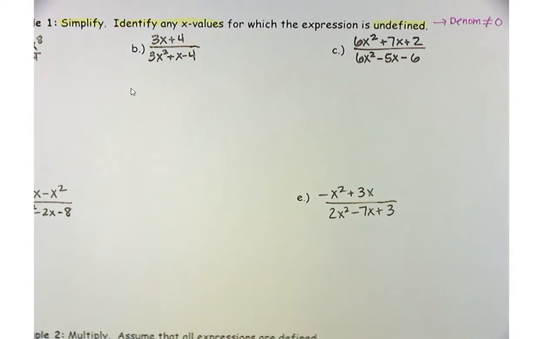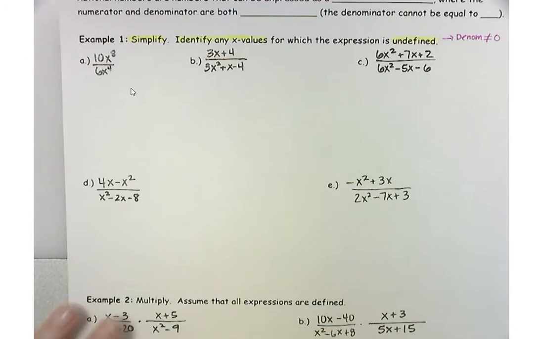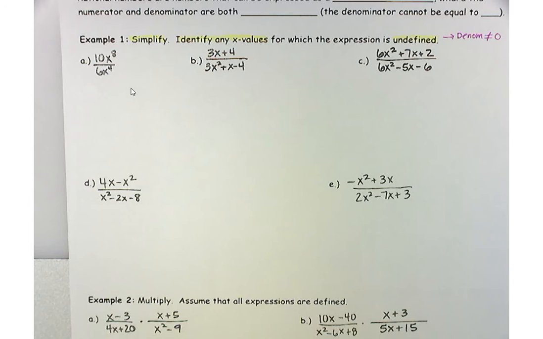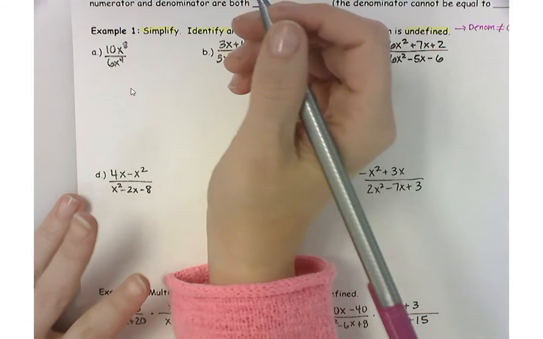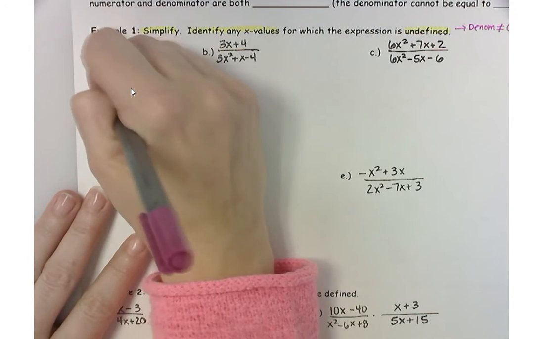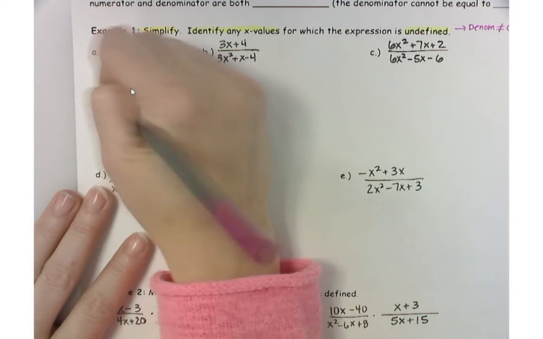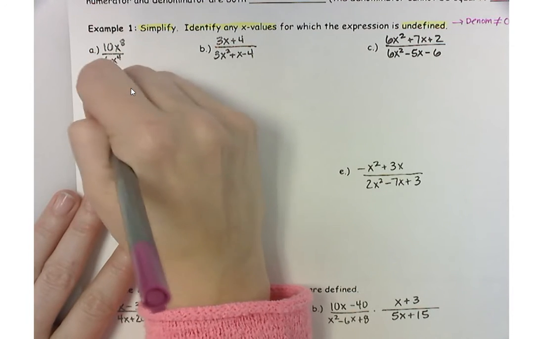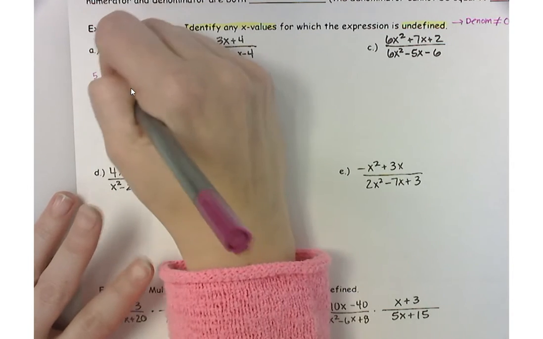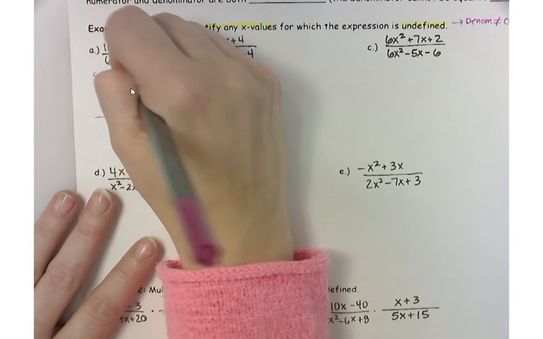Okay, so for part A, we have a single term on top, single term on the bottom. You can just reduce your fraction, the 10 over 6. So 2 goes into both, so this would be 5 over 3. For your exponents, if you're dividing, with the exponents you're going to subtract.